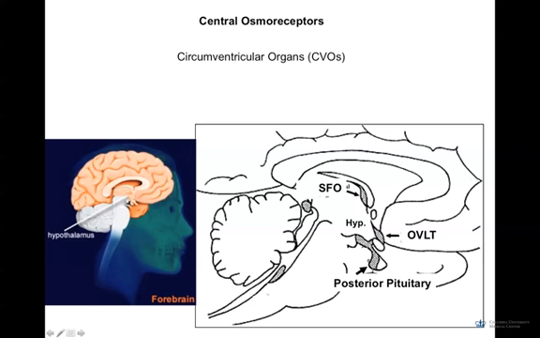So the main thing that controls the release of ADH, the primary control of the release of ADH, is a change in plasma osmolarity, which is going to be sensed by our SFO and our OVLT.